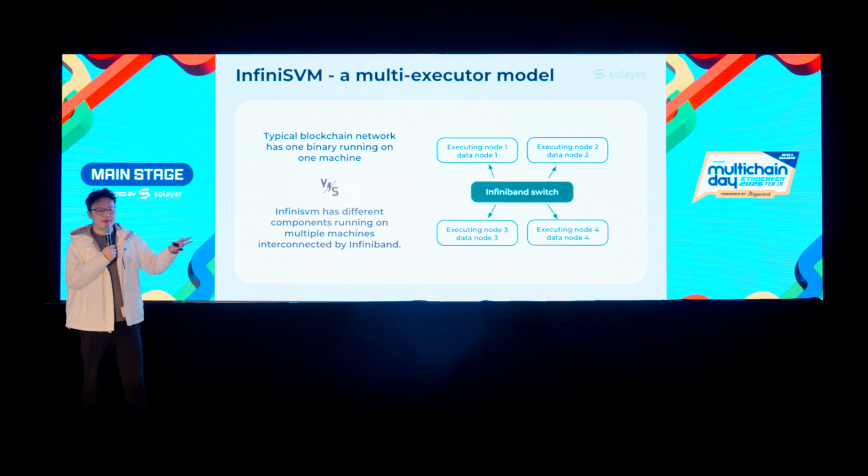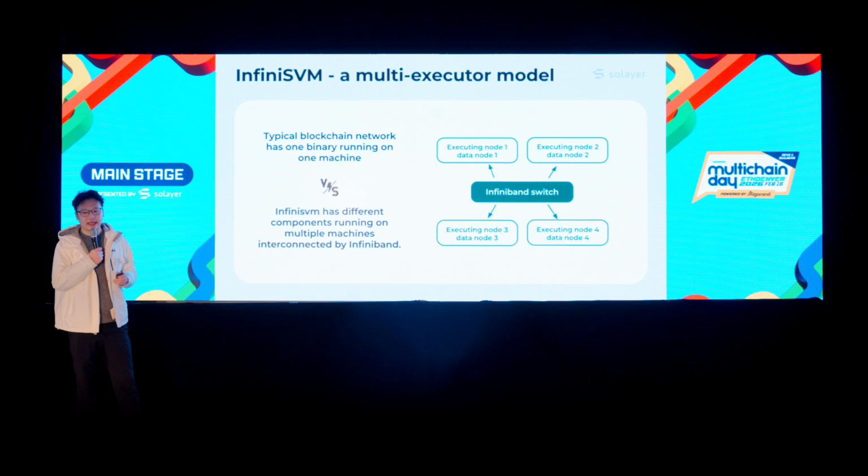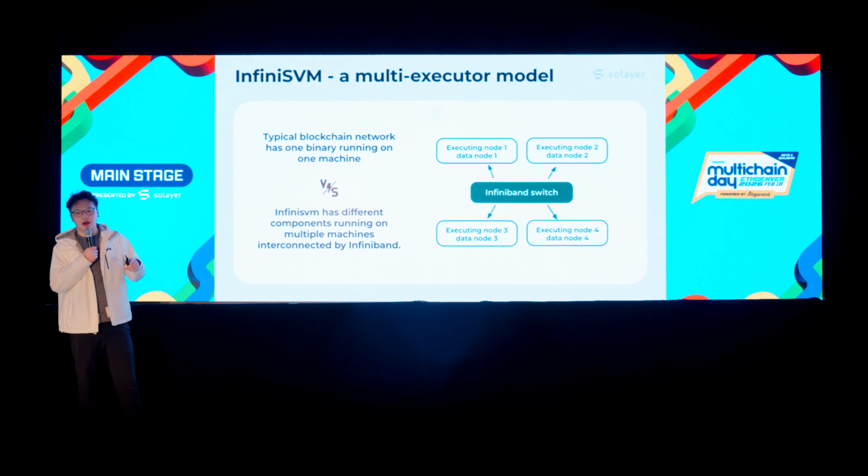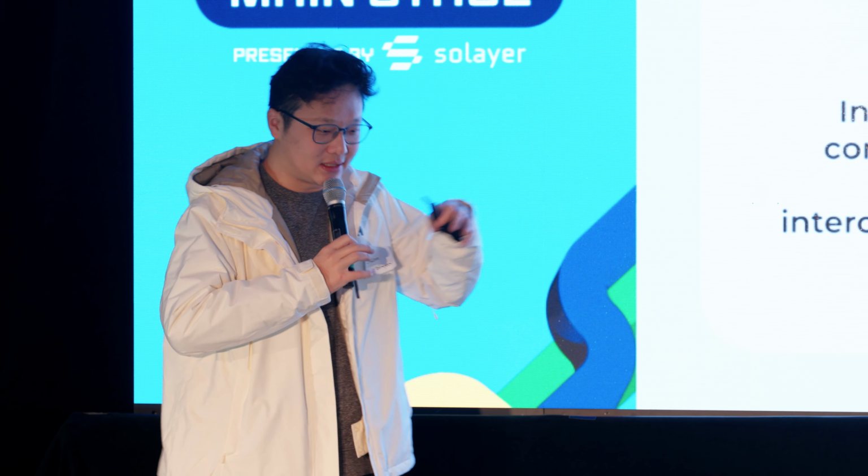We're switching to InfiniBand, still experimenting with it. Today it is not. So that is how we're running a node across different computers, as opposed to just running a binary on one single computer. That's a good way of putting it.